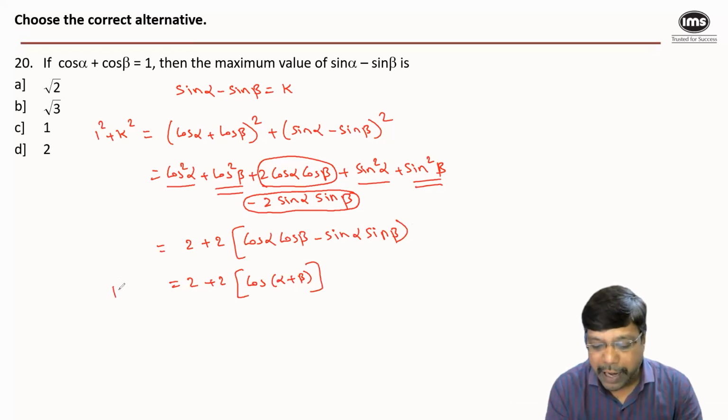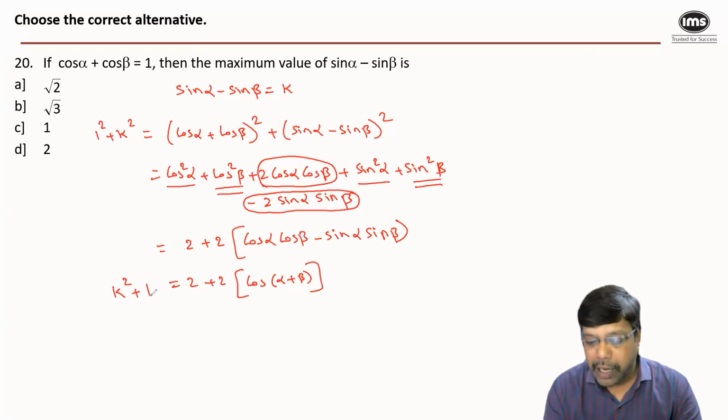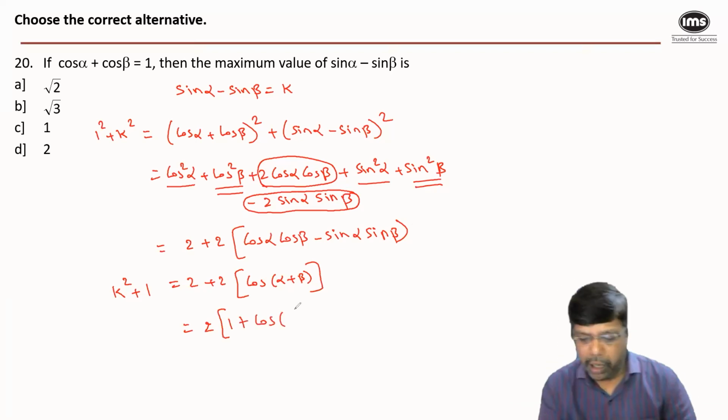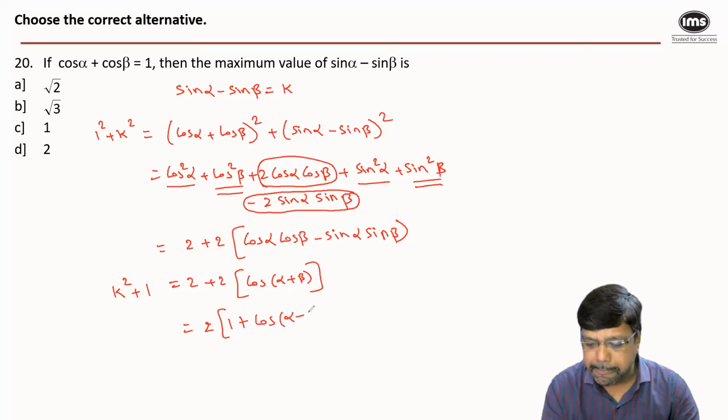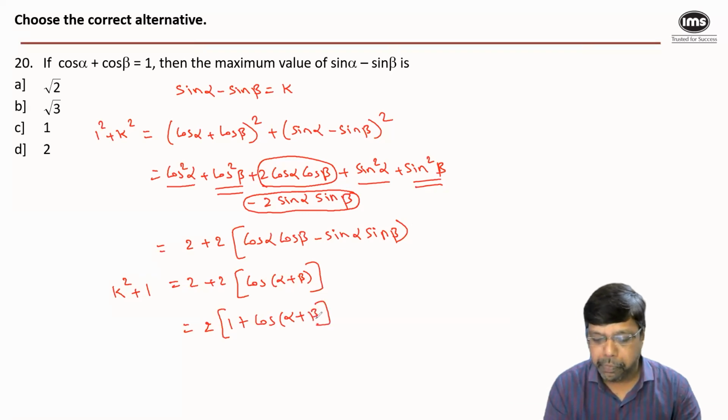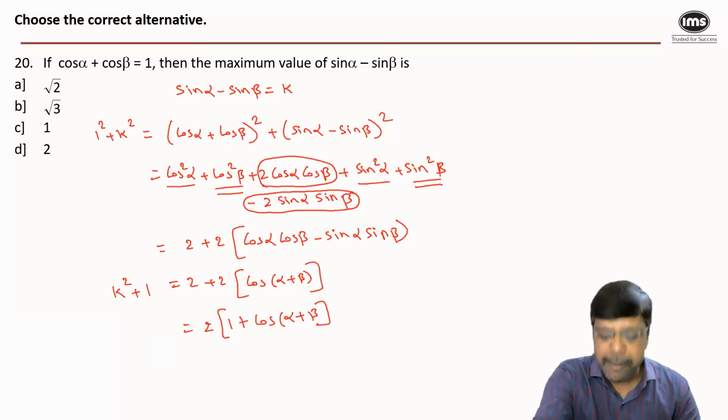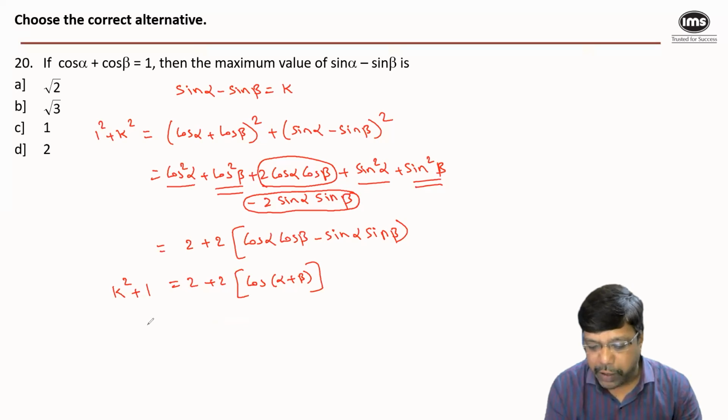Now this is what in fact is equal to k square plus 1. Now, if I take 2 common, then I can write it as 2 into 1 plus cos alpha plus beta. Or rather, let me not take 2 as common. So I can say k square is equal to 2 minus 1, that is 1 plus 2 into cos alpha plus beta.